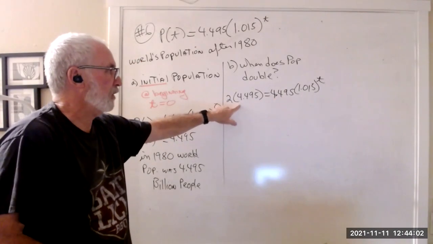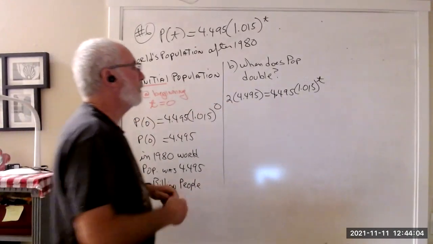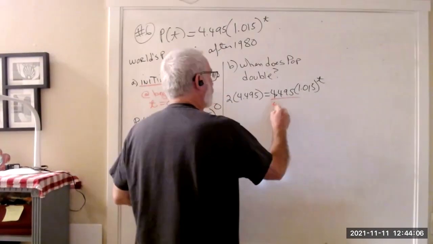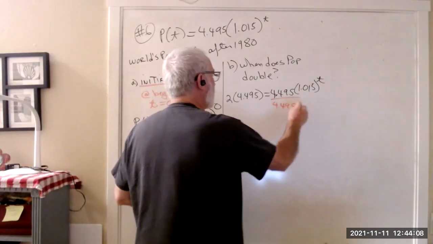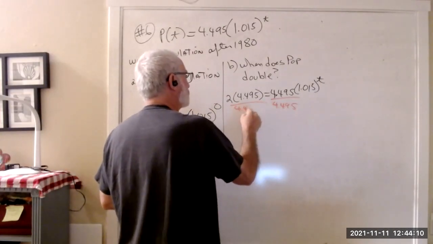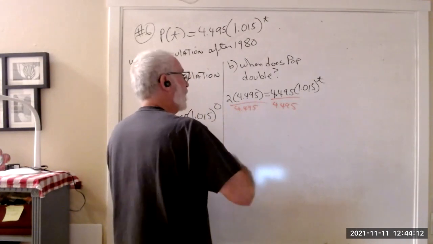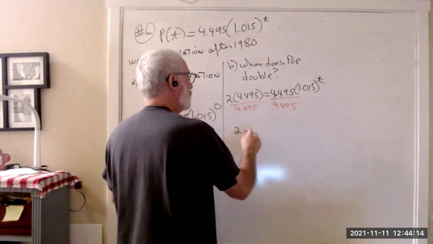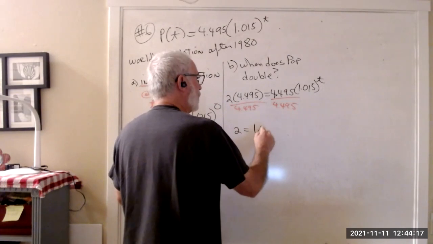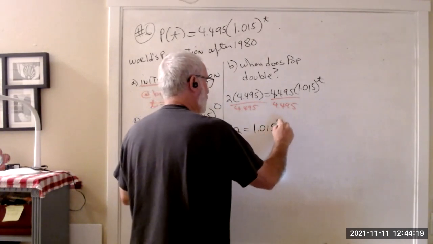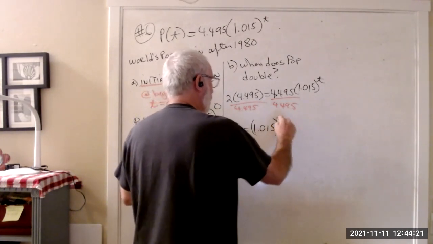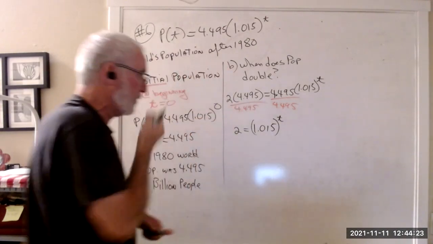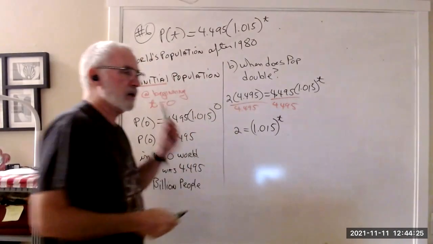Okay, so you have this. Divide both sides by 4.495, and you get 2 equals 1.015 raised to the t power. I'm not going to go through the math.